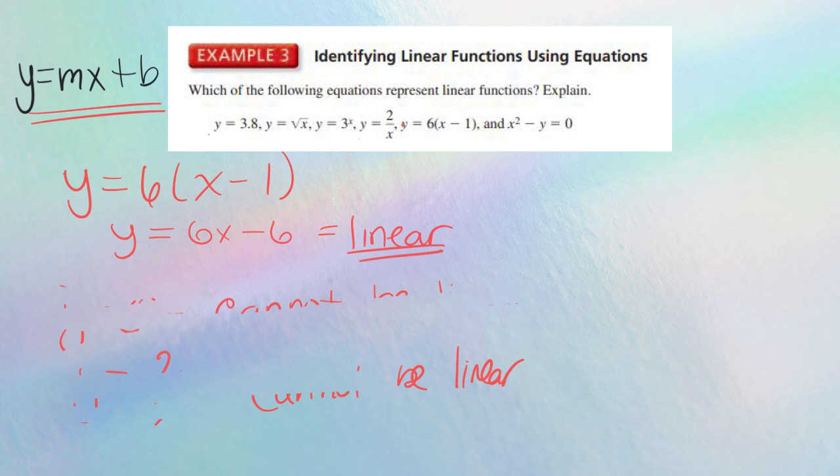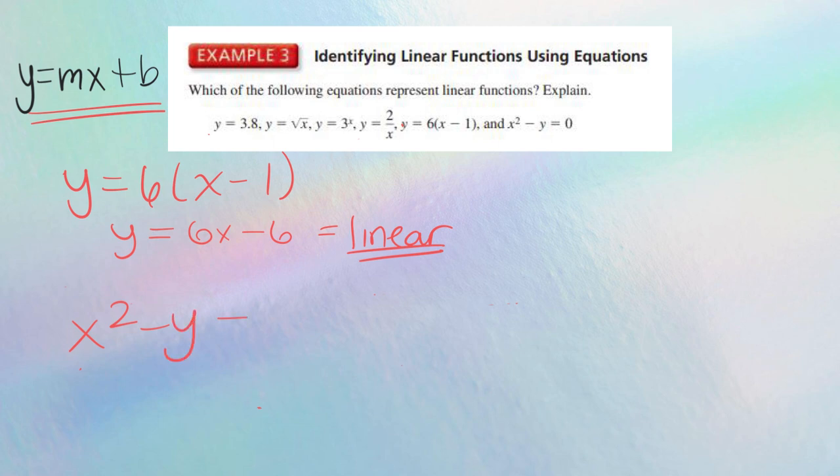And finally, we have x squared minus y equals 0. Can we rewrite that in a linear function form? So that one's going to be not linear.